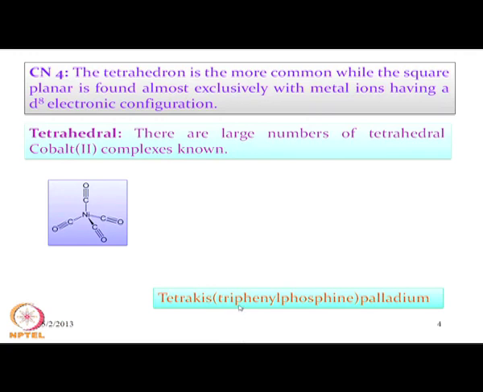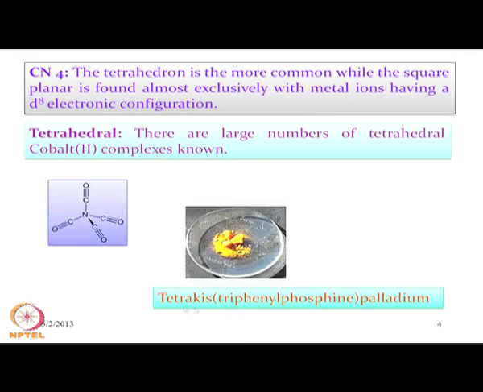Then another example of such a compound is tetrakis(triphenylphosphine)palladium. So, like surrounding the nickel center by 4 carbon monoxide molecules, we get the tetracarbonyl nickel center. Similarly, here we are introducing a bulky phosphine ligand.